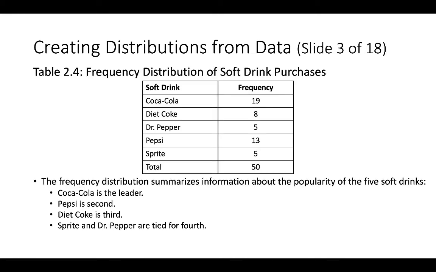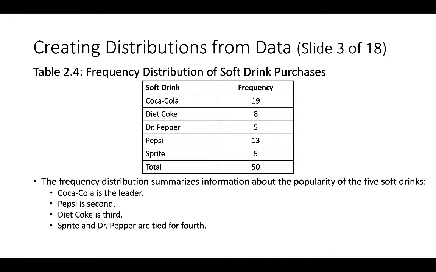The frequency distribution of soft drink purchases will show how many soft drinks are purchased in each category. For example, we can see that there are 5 purchases of Sprite and 19 purchases of Coca-Cola. So we know that Coca-Cola is the best selling and Sprite is the least selling soft drink.